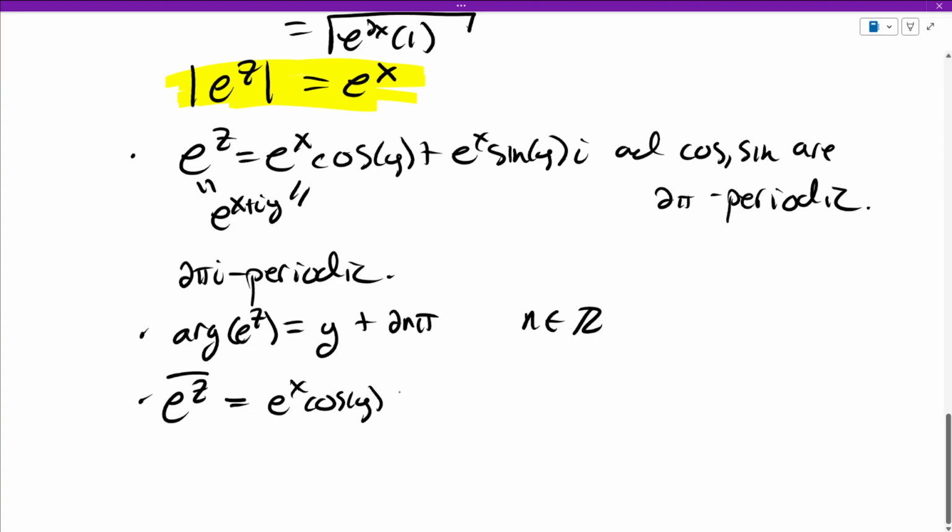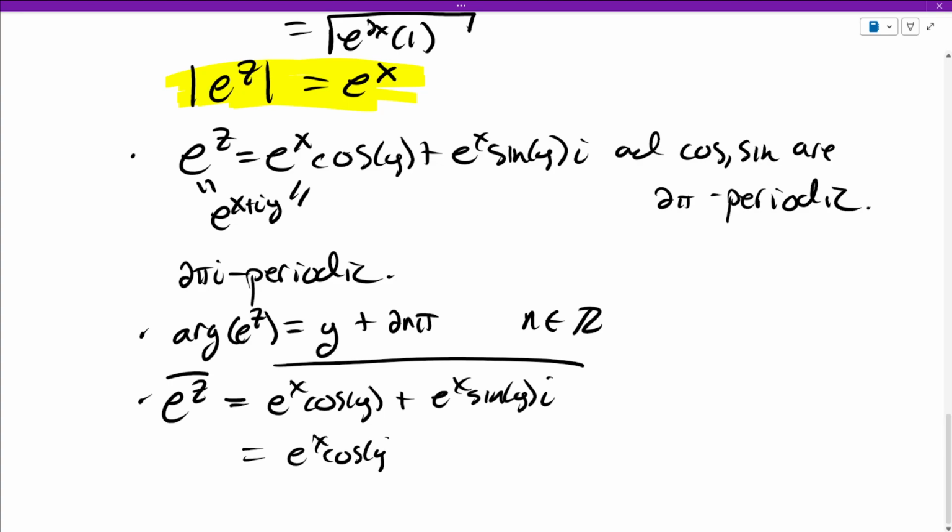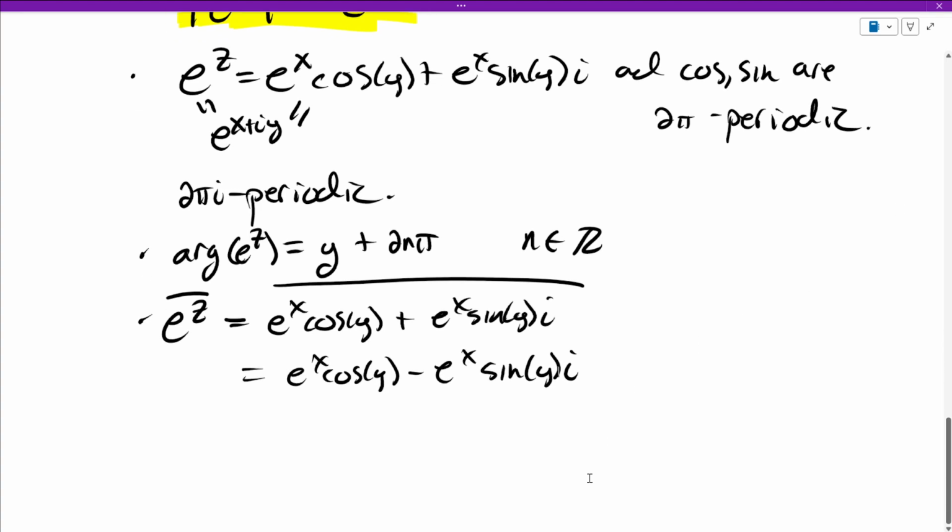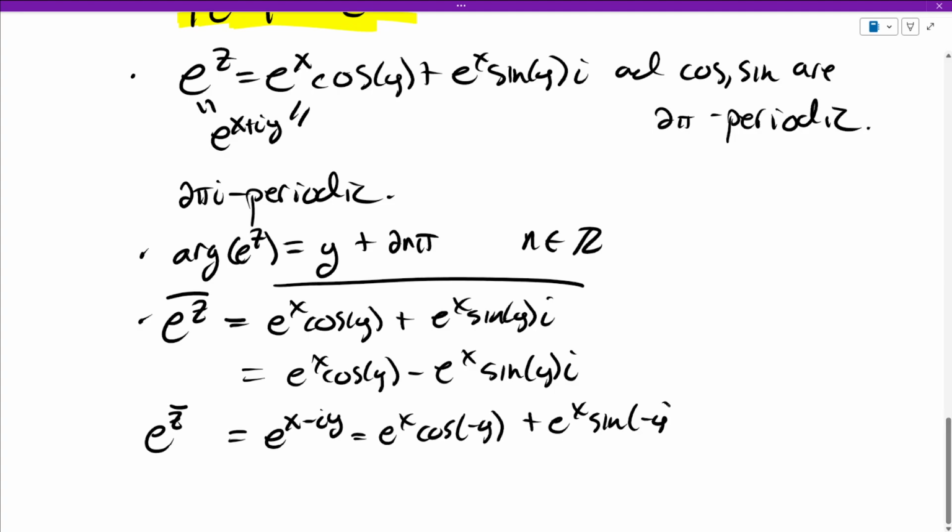And then lastly, the conjugate of e to the z is the conjugate of e to the x cosine y plus e to the x sine y i, which is e to the x cosine y minus e to the x sine y i, because we have to negate the imaginary part. And e to the z bar, the conjugate, is e to the x minus iy, which is e to the x cosine negative y plus e to the x sine negative y i.